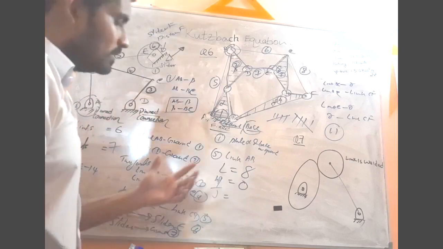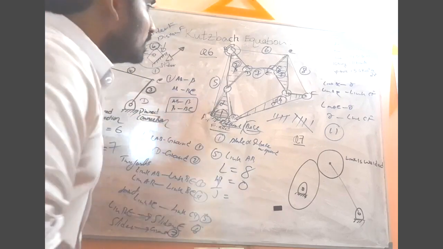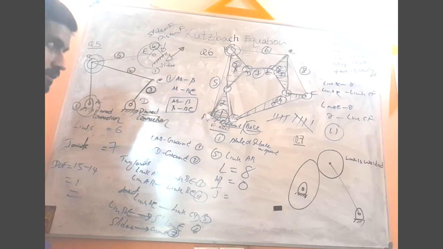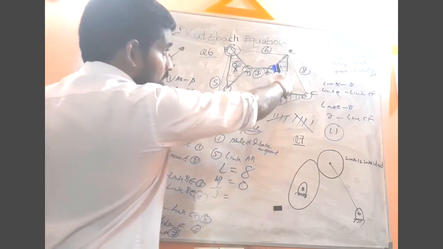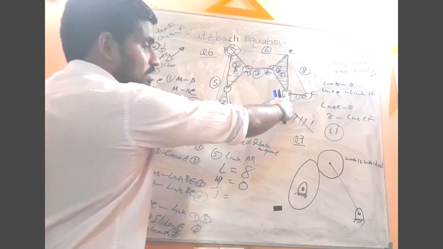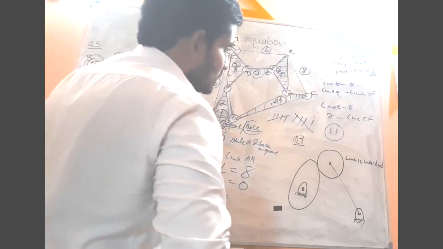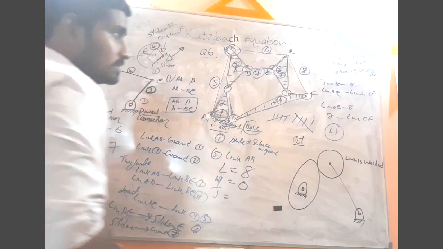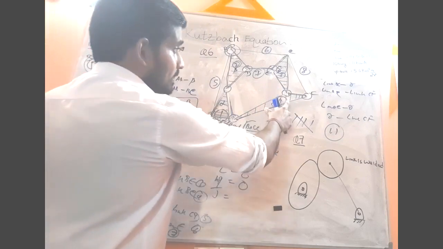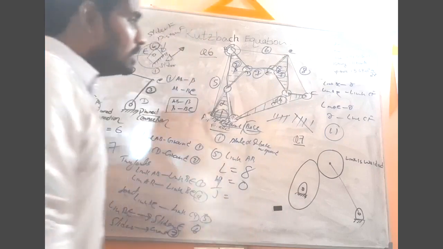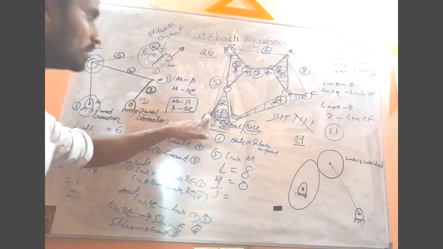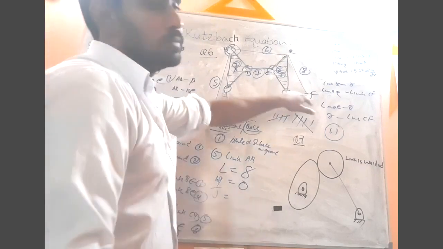Then the third joint is the joint that connects the plate delta with gamma. And joint 4 is the joint that connects the plate delta to the link CF at the end F. So joint 1, 2, 3, 4.